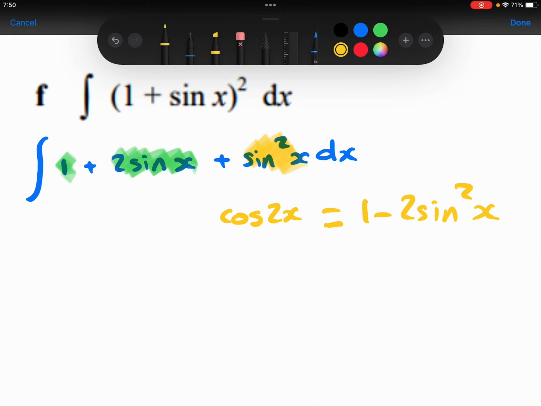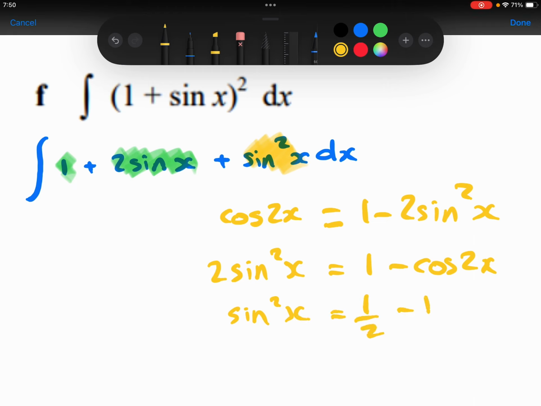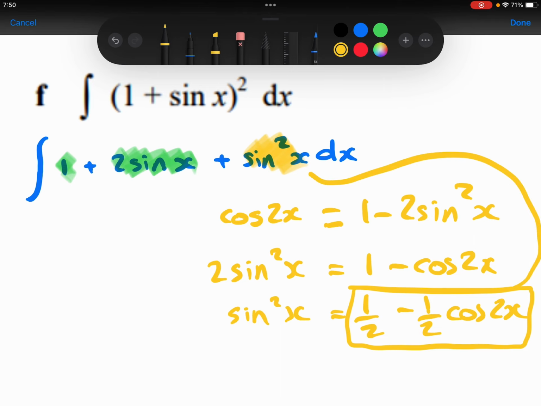Rearrange to make sine squared the subject. So I can now plug this in there instead of the sine squared.